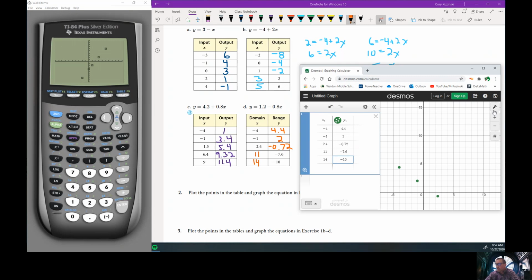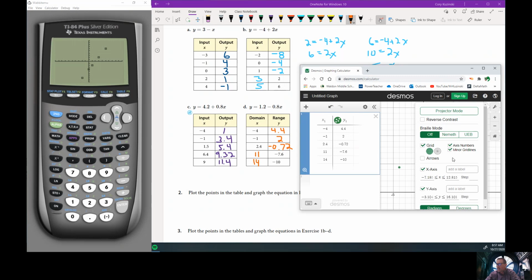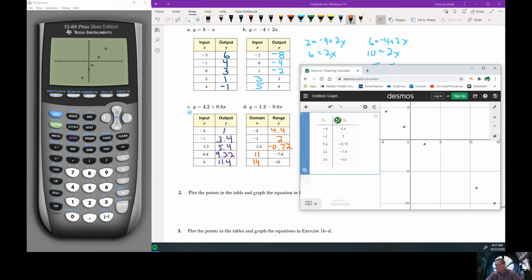And I can't see them all, so the other thing you can do is hit this wrench, and you can change your x minimums and x maximums. So I could go from like -5 to 15. And for y, I could go from like -11 up to 5 or 6. And when you hit that wrench again, you can see your scatter plot there.